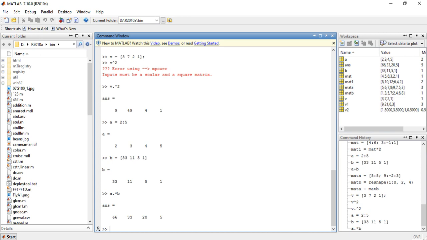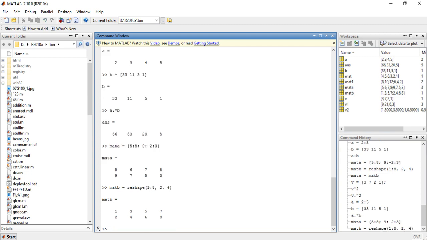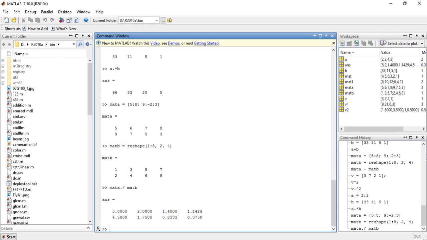If you want to find the array division, we are using the same mat A and mat B matrices we used earlier. We are going to find the array division of these two matrices by using mat A dot divided by mat B. So this is how you can find the array division of a matrix.